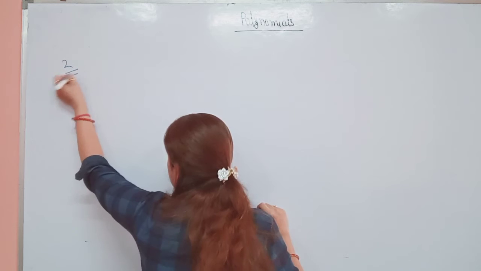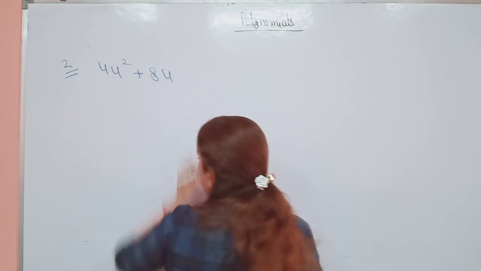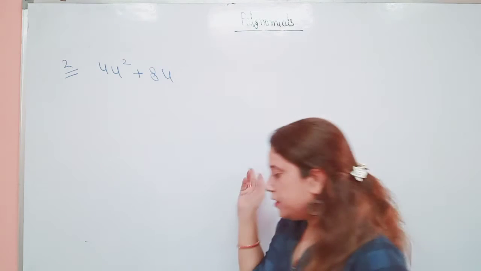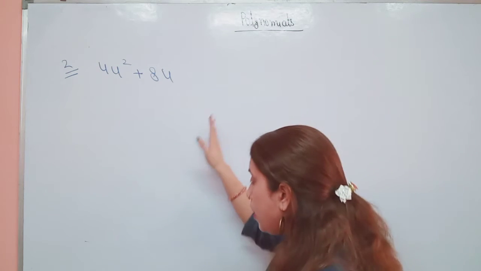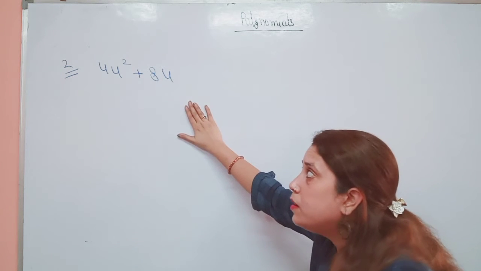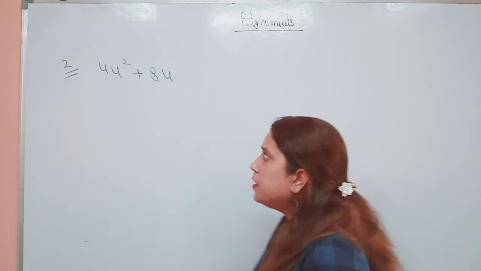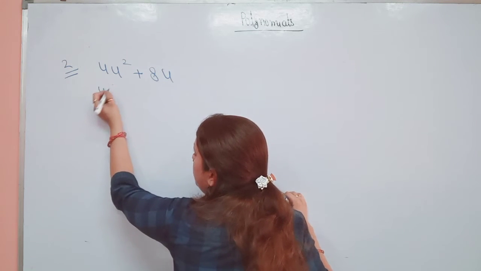Second question, 4u square plus 8u. Same question, find the zeros, and after that find the relationship between the zeros and coefficients. Now, how to factor, how to find the zeros? It is so easy. We can take common. 4 is common, 4u.